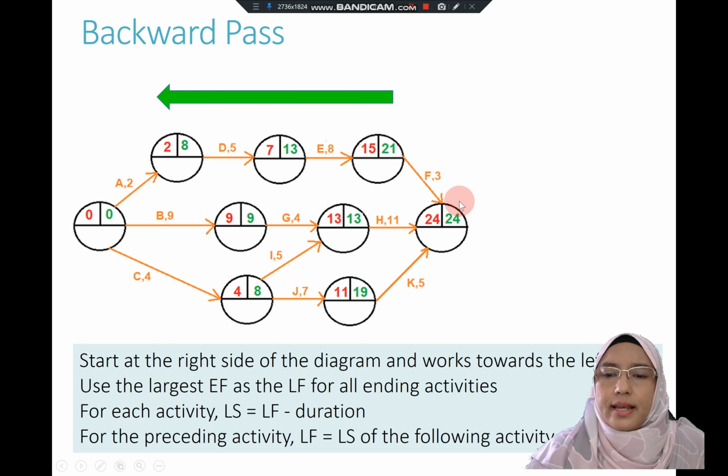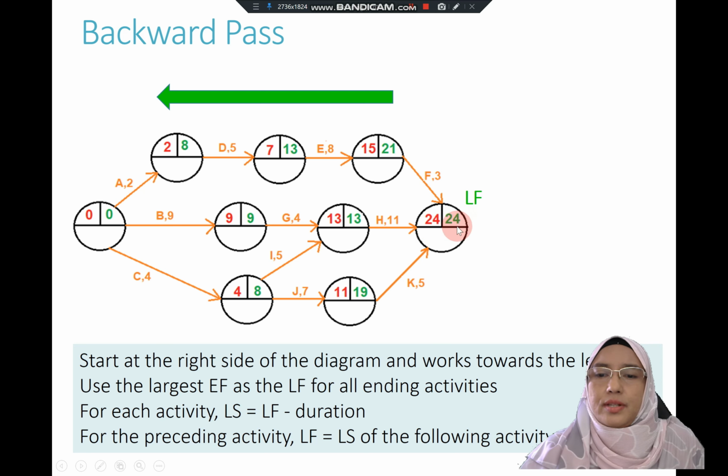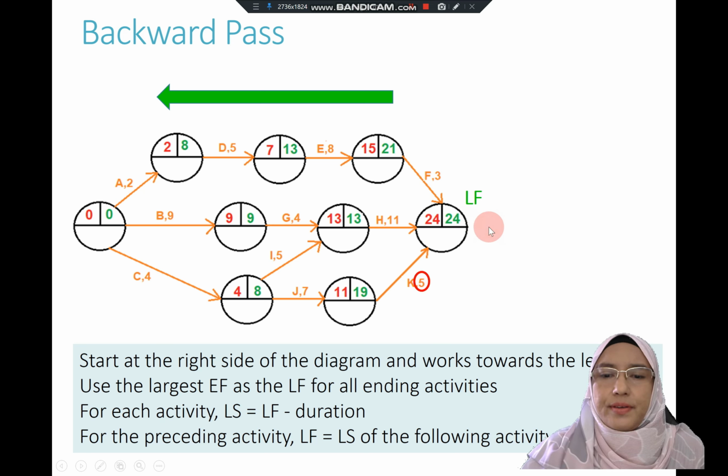So you need to start here at 24, where it ends at week 24. Therefore, for backward pass, you start with the same number, 24. This is what we call late finish. For the ending activity, use the early finish as the late finish.